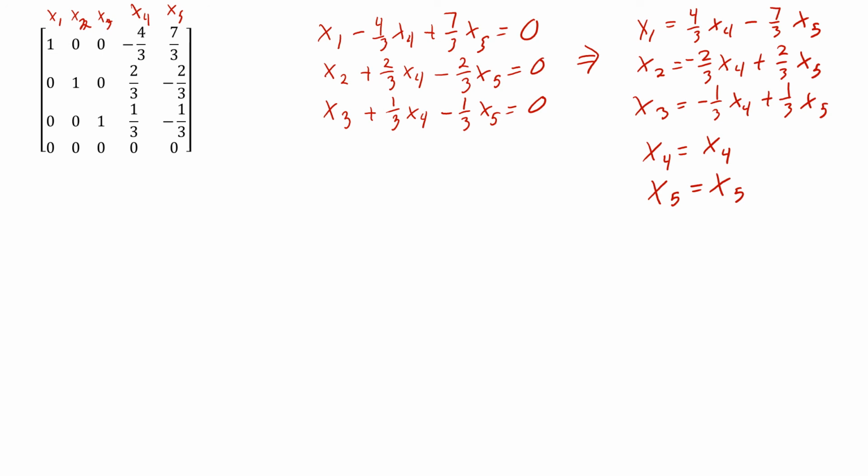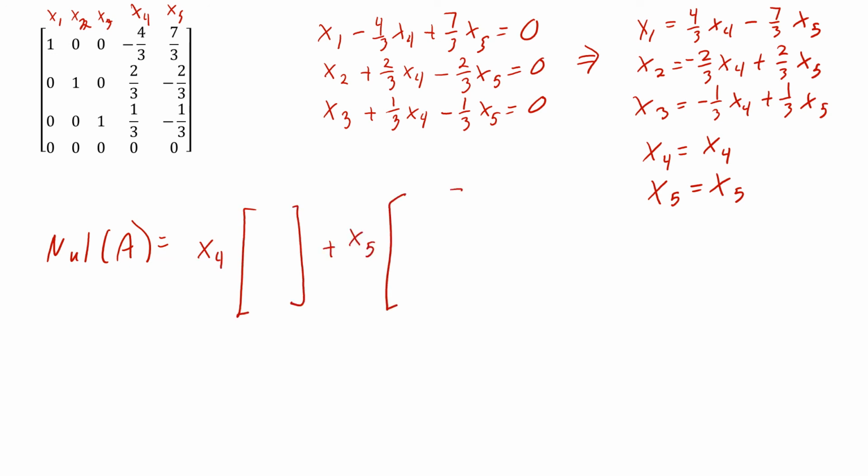Then what do we have? We have the null space of our matrix is equal to, we have the two free variables, so it's equal to x4 times something plus x5 times something. What are those things? Just pull out the x4s and x5s from each of those equations. 4 over 3, negative 2 over 3, negative 1 over 3, 1 and 0. And for the second one, it's negative 7 over 3, 2 over 3, 1 over 3, 0, and 1.